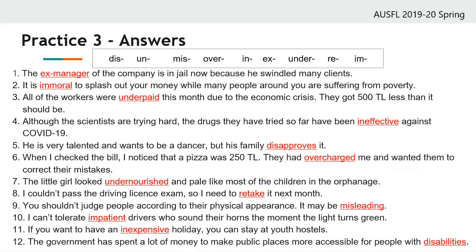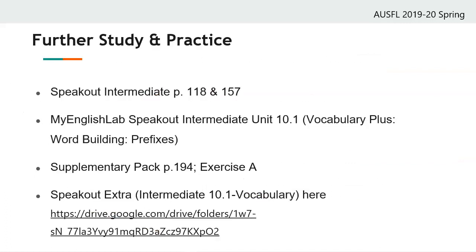Here is the answer key and check your answers. If you need further study and practice, you can use the sources given here.